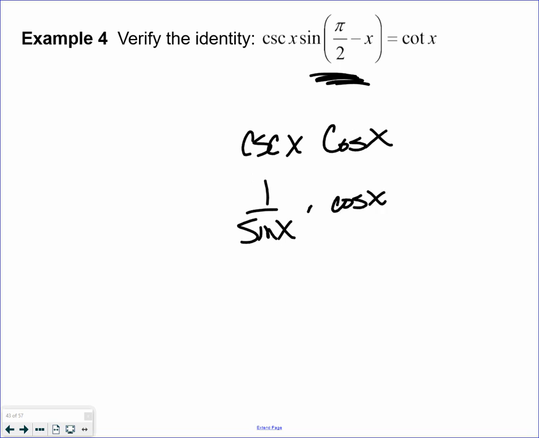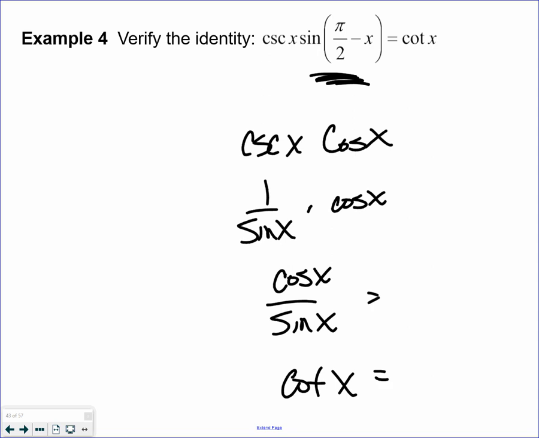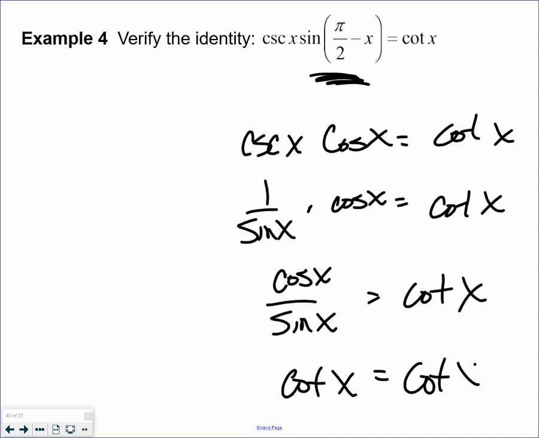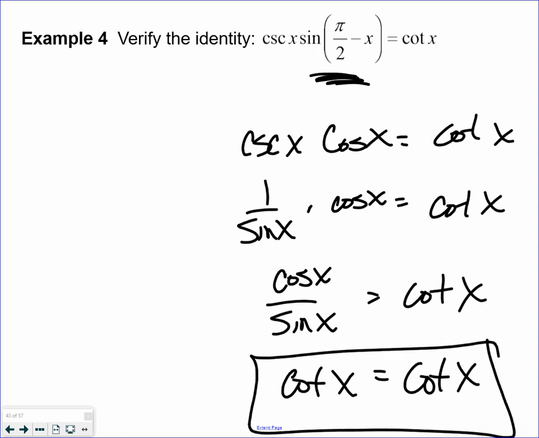So now, 1 over sine times cosine would be cosine over sine. Cosine divided by sine is cotangent, and I am done. I was able to make the left-hand side equal the right-hand side.